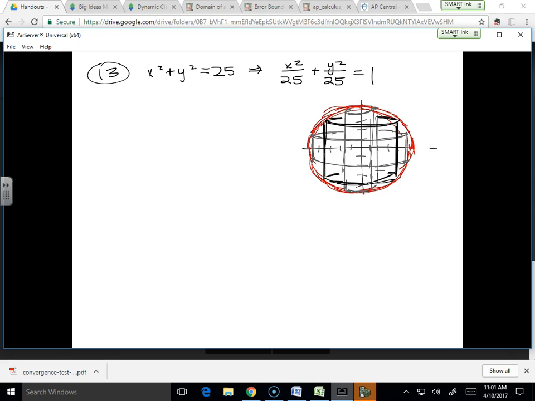Good. So I'm trying to figure out stuff to do with pi r squared, area of the base, times the height. Problem is, I don't want r's and I don't want h's. I want x's and y's.